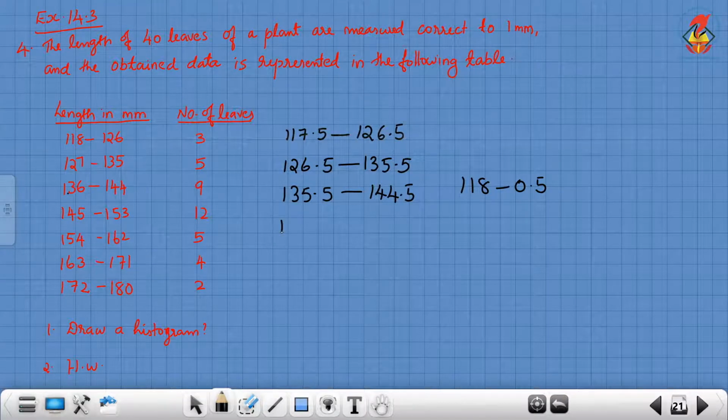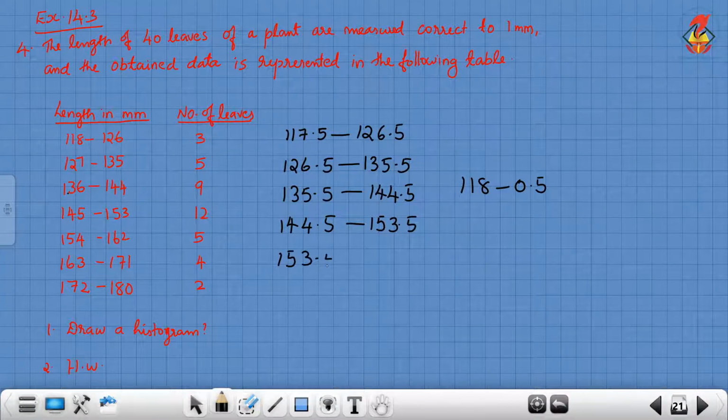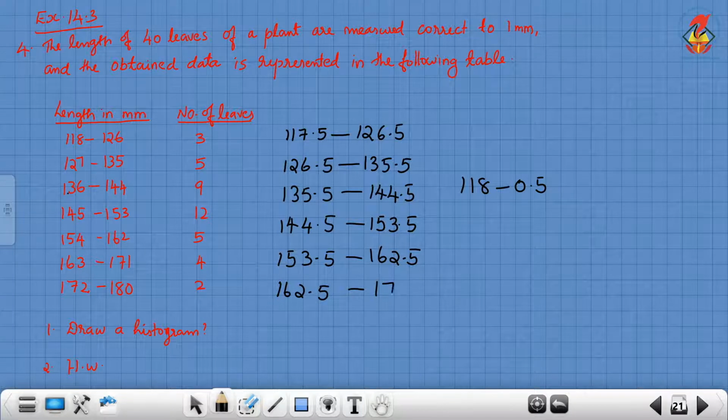Next 144.5, 153.5. Next 153.5, 162.5. Next 162.5, 171.5.